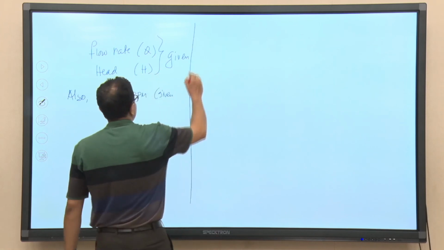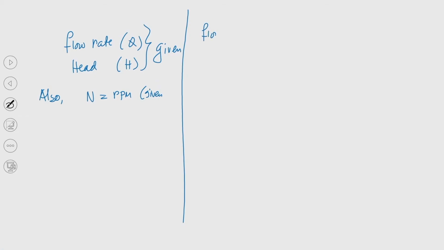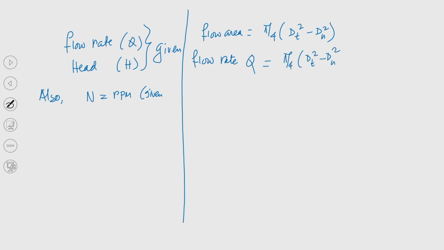So, flow area equal to pi by 4 dt square minus dh square, tip diameter square minus hub diameter square, and that is given. Now, the flow rate Q will be equal to pi by 4 dt square minus dh square into Cz.